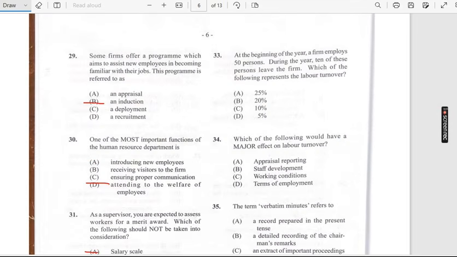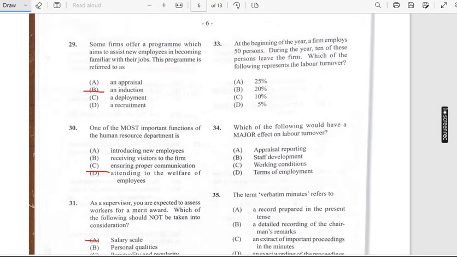Number 33. It says at the beginning of the year, a firm employs 50 persons. During the year, 10 of these persons leave the firm. It says which of the following percentages would be the turnover. So let me see. We have 50 persons, right?